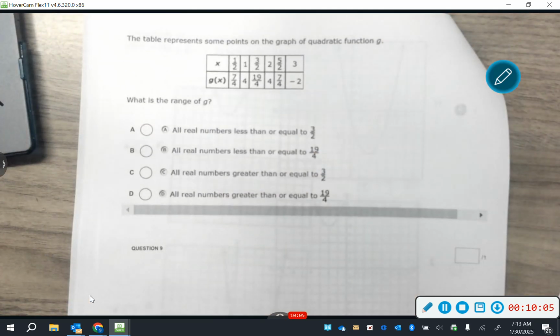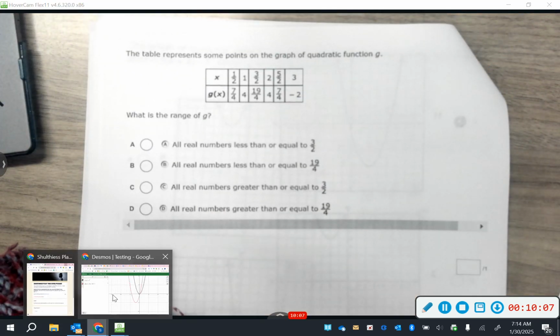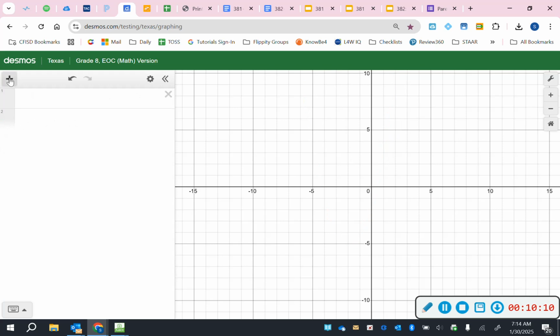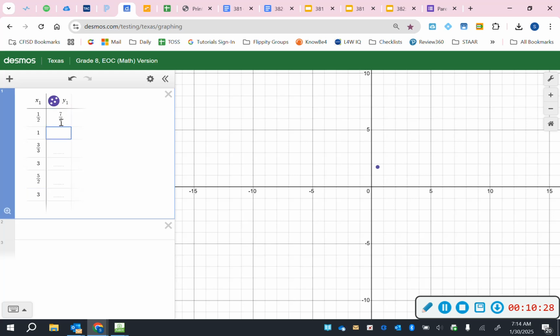All right, on this one, they gave us a table. I'm going to go ahead and plug in that table so I can look at what it looks like. Plus sign table, so they gave us 1/2, 1, 3 over 2, 2, 5 over 2, and 3. Then for my y's, it's 7 over 4, 4, 19 over 4, 4, 7 over 4, and -2.